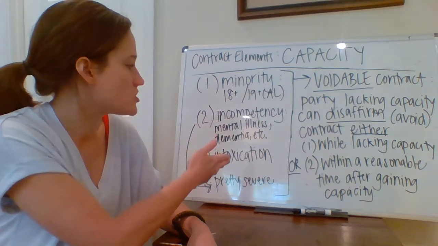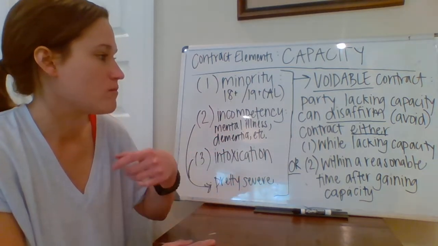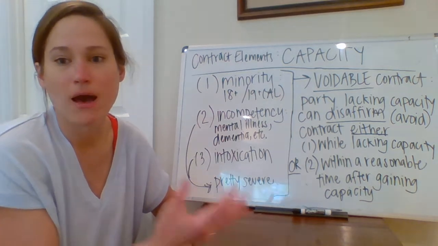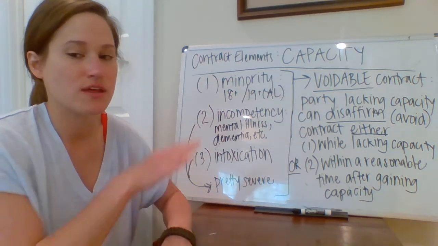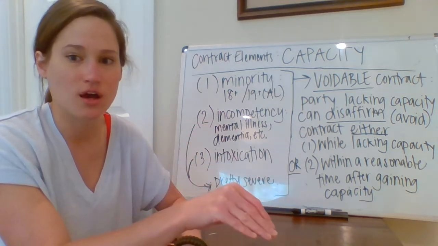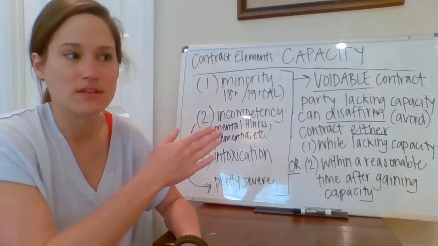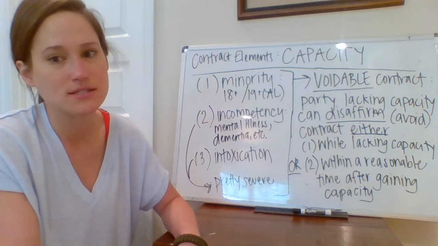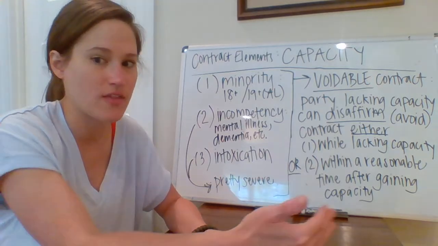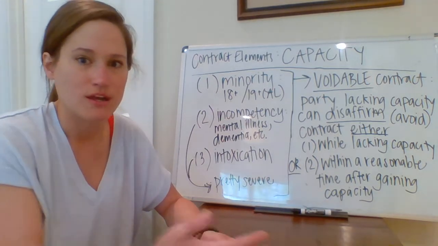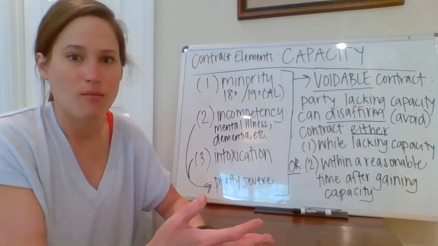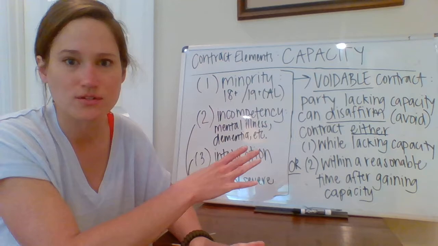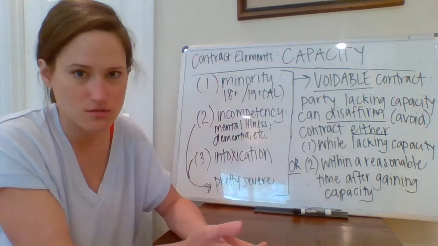But if you had a situation where someone, while they were being very affected by something like Alzheimer's, so they lack capacity, signs a contract, then for the entire period that incapacity continues, while they're still in that confused state, if they take it back or say they want to disaffirm, they can do that.